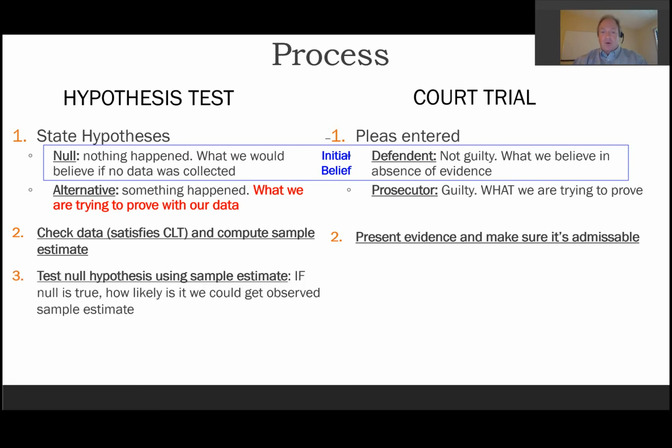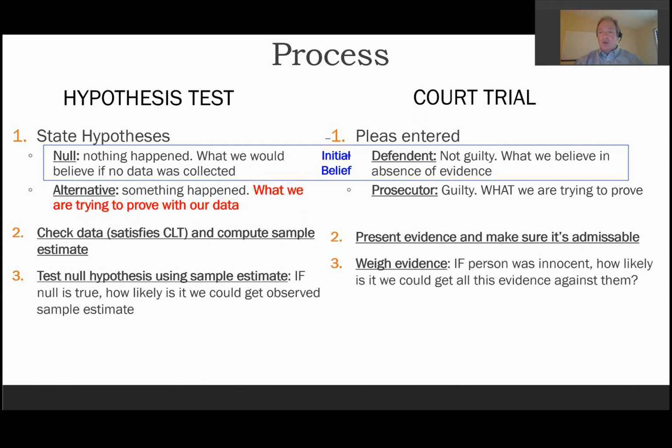Now, what is the next step? Well, the next step is we're going to test the null hypothesis. The way that we do a hypothesis test is we test the null. And what we ask is, if the null hypothesis is really true, how likely is it we could get our observed sample estimate?